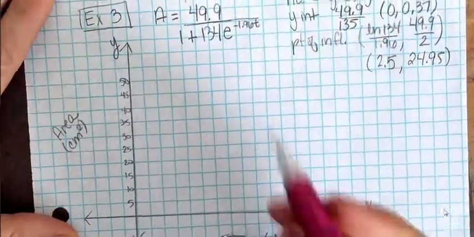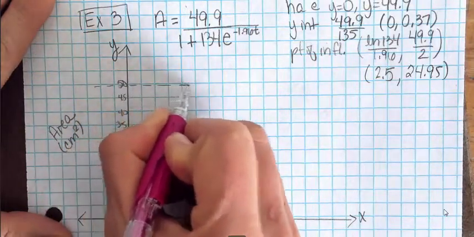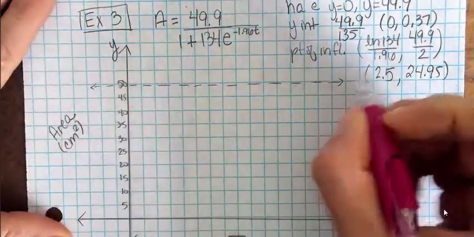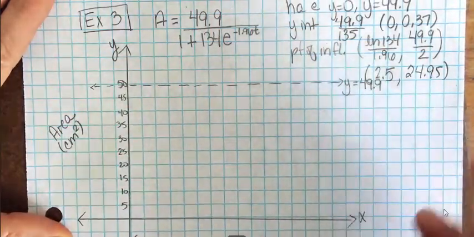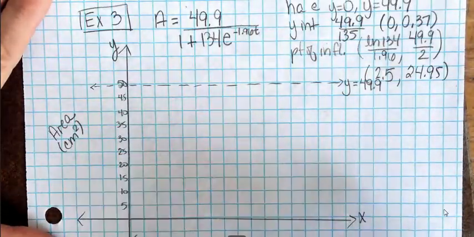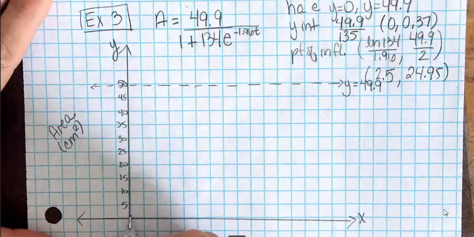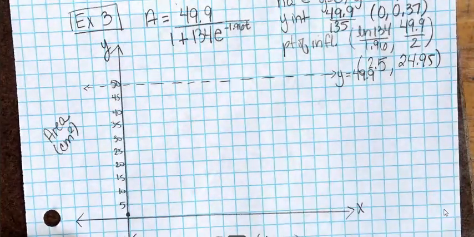So I know that I have a horizontal asymptote somewhere really darn close to 50. And I'm going to show that by actually labeling it y equals 49.9. Okay, I've got a y-intercept at 0, 0.37, so it's like right here. Very, very, very low. Almost 0, really.